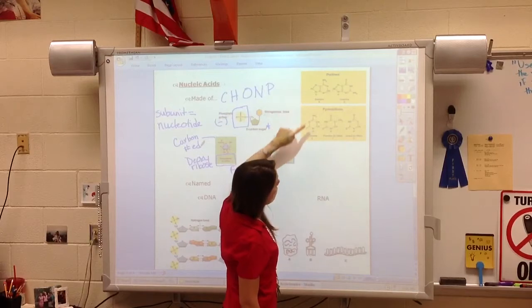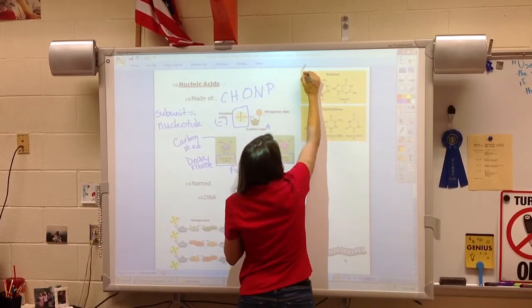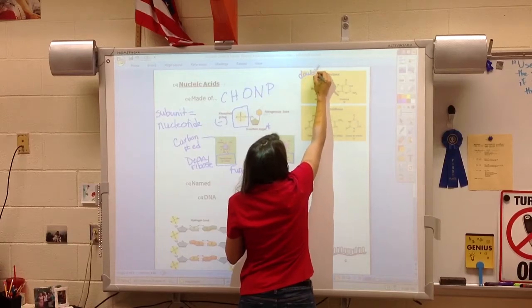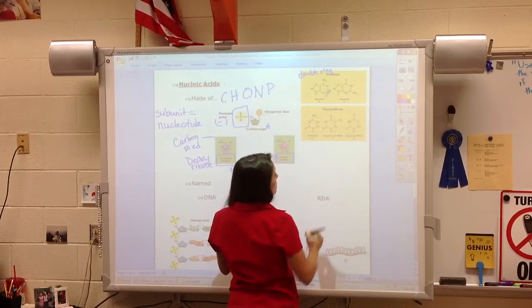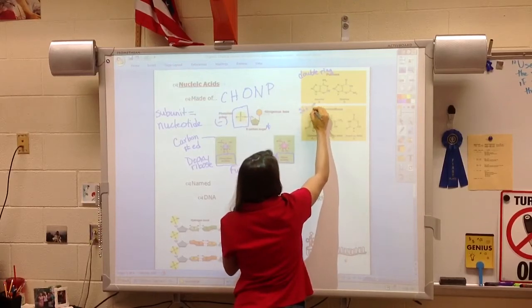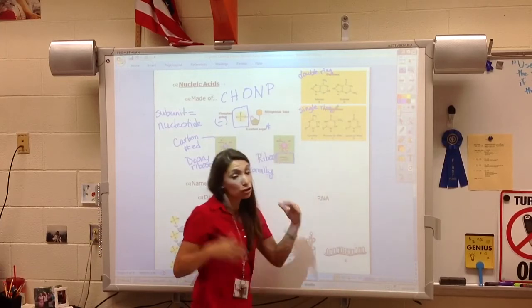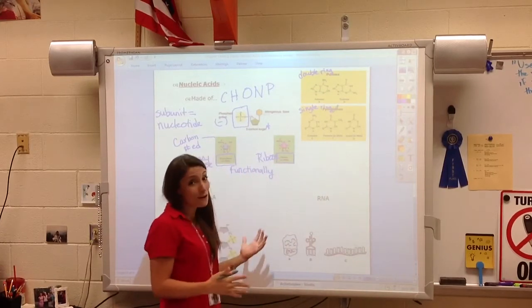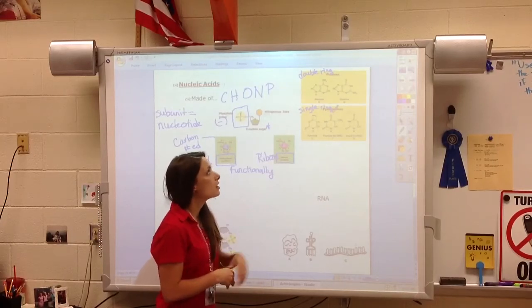The important difference between the purines and the pyrimidines is that purines are double ring nitrogen rings, and pyrimidines are single ring. Structural differences create functional differences, and we're always trying to keep that in mind.